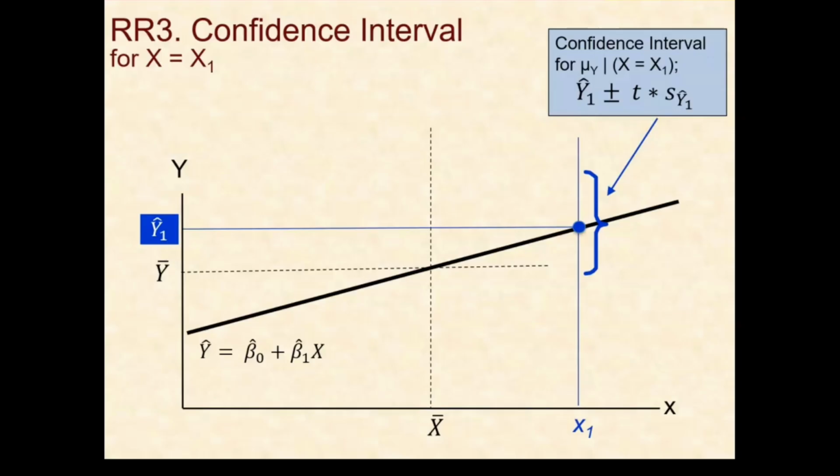It extends above and below y hat 1 by an amount t times s sub y hat 1. The standard error, s sub y hat 1, is the standard error of the sampling distribution of y hat when x equals x1. The bracket represents the hedge for the sampling error associated with this inference.